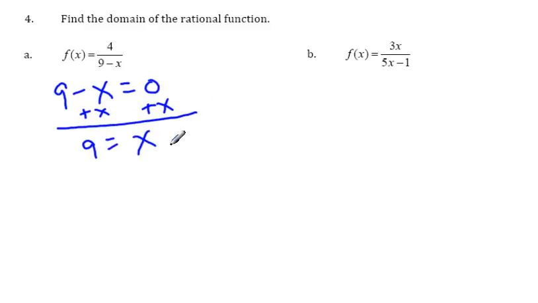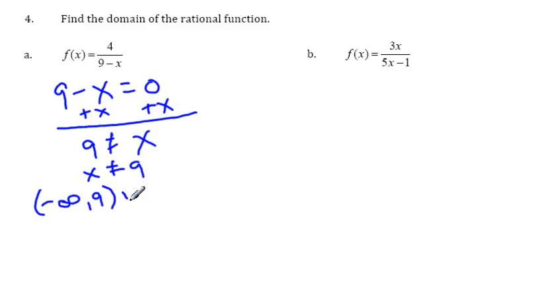Well, that's not what my domain is. That's the exception to my domain. So actually, 9 is what x is not allowed to be. x can be every value except 9, because 9 would make my denominator 0. So you can write x cannot equal 9, or in interval notation, that would mean all the numbers from negative infinity to 9, with parentheses next to both of those, because there's no end to infinity and 9 is not included.